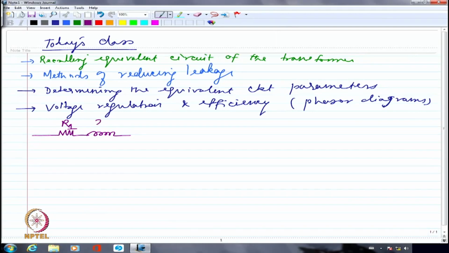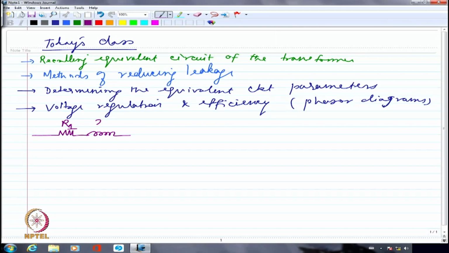The leakage reactance is essentially due to some portion of the magnetic field lines. So we have some portion of the magnetic field lines which are linking only with the primary winding, which we call as primary leakage, and we have some portions of the magnetic field lines which link only with the secondary winding, which we call as the secondary leakage.